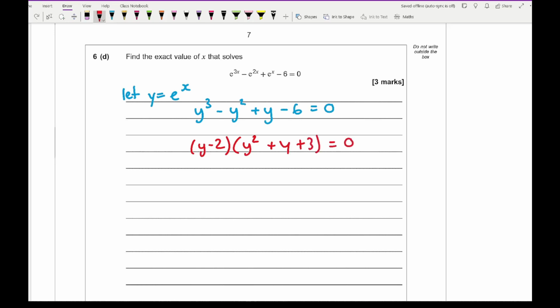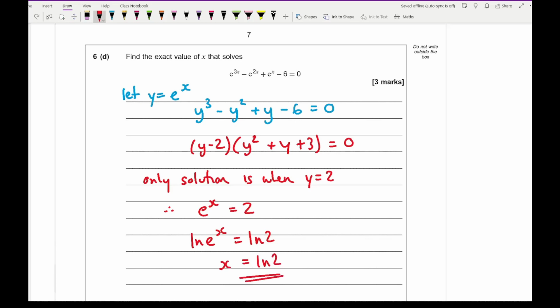Here the only solution is when y equals 2. So e to the x equals 2. Then if I take the ln of both sides, I get ln e to the x equals ln of 2. I end up with x equals ln 2, and there is my exact value of x.